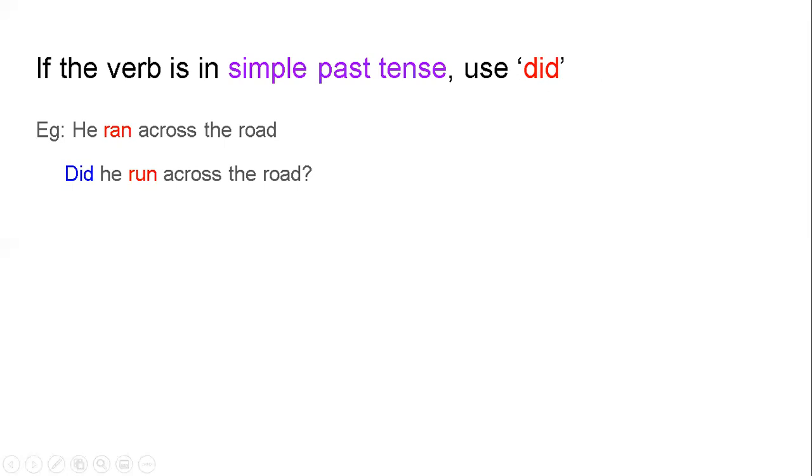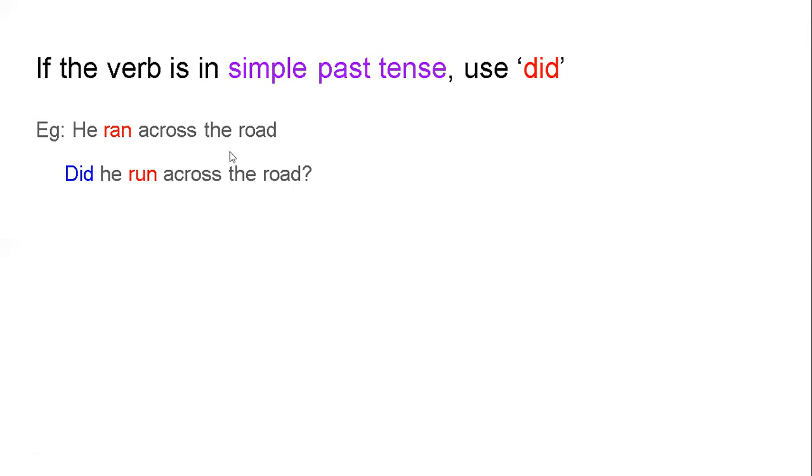Okay? Someone asked me this question in the previous video, so I hope you got your answer to this. If the verb is in the simple past tense, use did. Here's an example. He ran across the road. Ran is simple past tense, meaning it already happened. He ran. Okay? He's not running now. He ran.